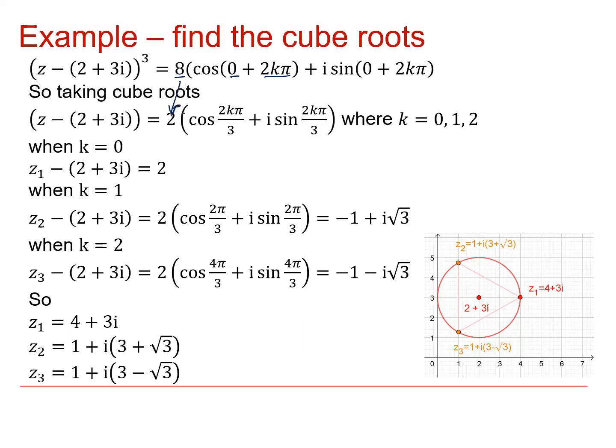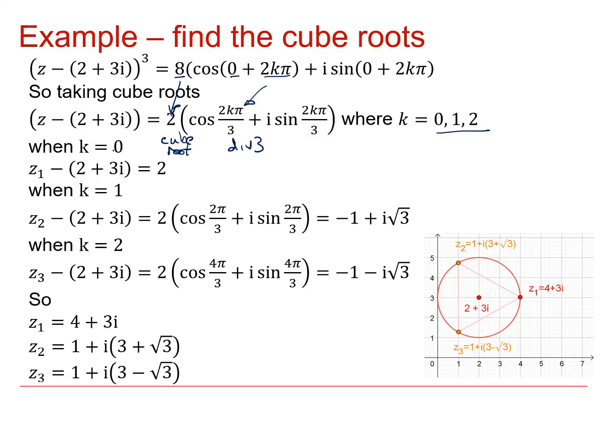The modulus has been cube rooted, and the argument has been divided by 3. We allow k to be 0, 1 or 2, because we know there are only 3 roots. If k takes a value above this, like 3 or 4, it will just wind round the circle and reproduce the same roots again. So 3 will produce the same root as 0, and 4 the same root as 1, and so on.